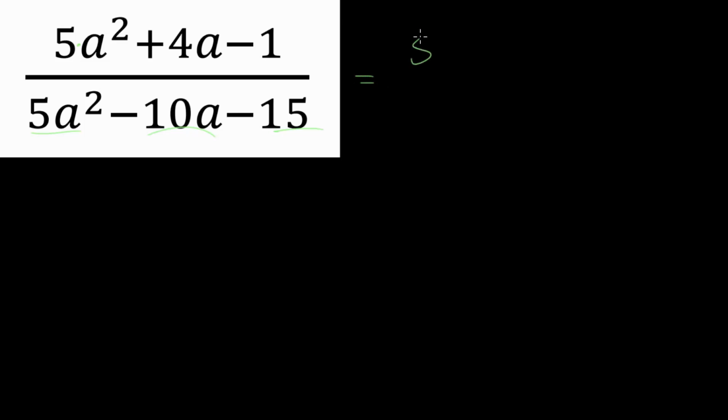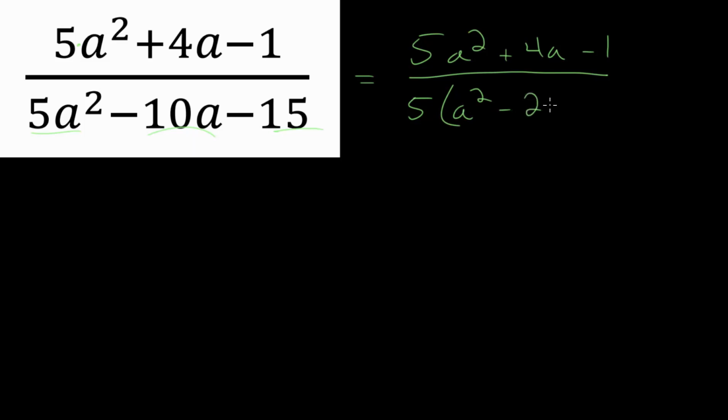So we can start by rewriting the numerator, and we can come back to that in a moment. With the denominator, we can factor out that 5 so that we get a squared here minus 2a here and minus 3 here. And you can always check this by just redistributing to make sure that you're doing everything correctly.